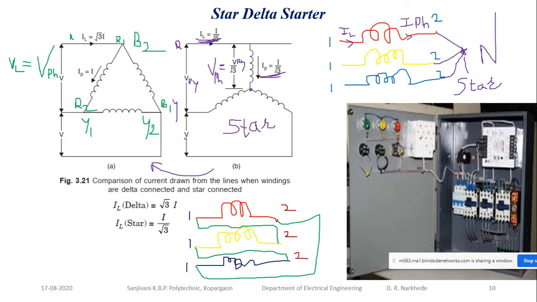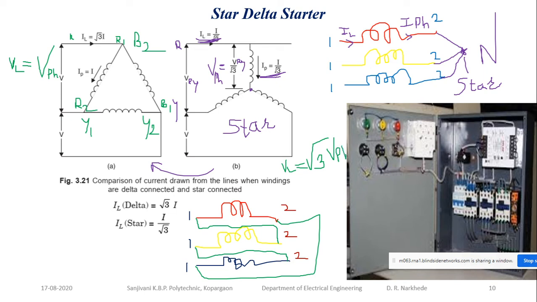So basically, as it is a reduced voltage starter method, to reduce the voltage, initially I am going to connect in star. So in star connection, the relationship between my phase voltage and line voltage is VL equal to root 3 times VPH, and in case of delta, VL is equal to VPH.